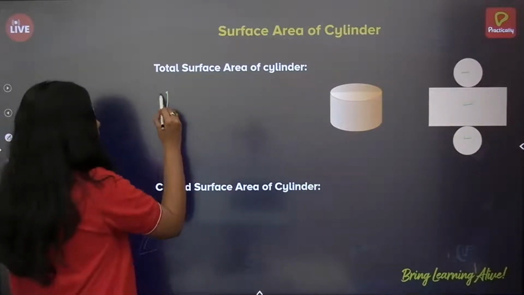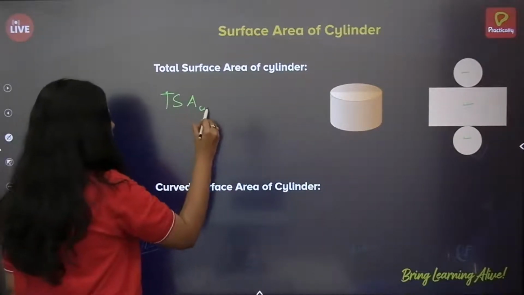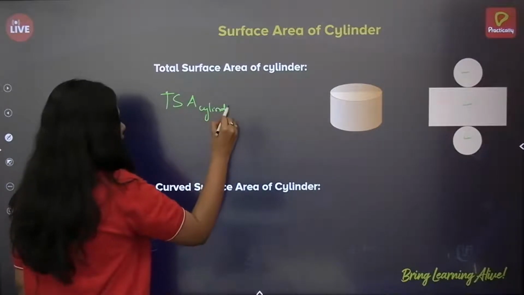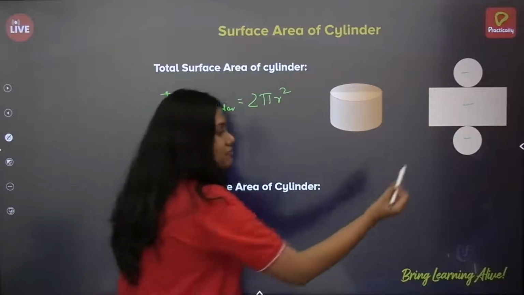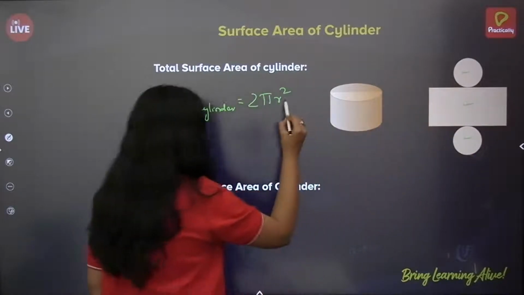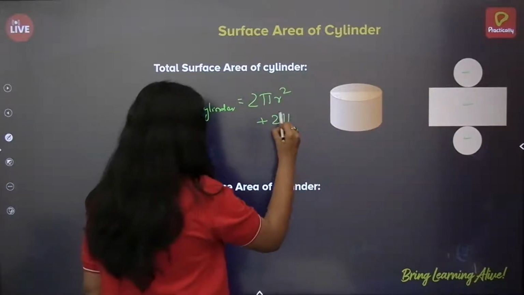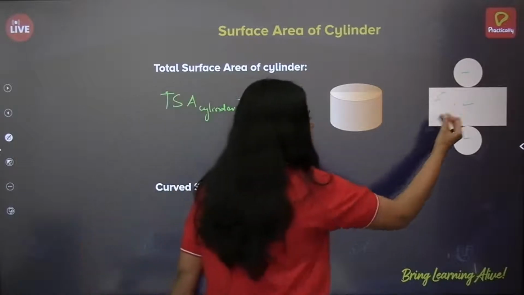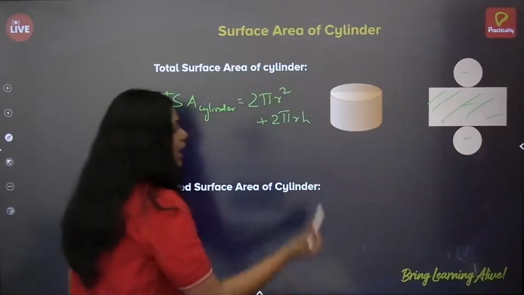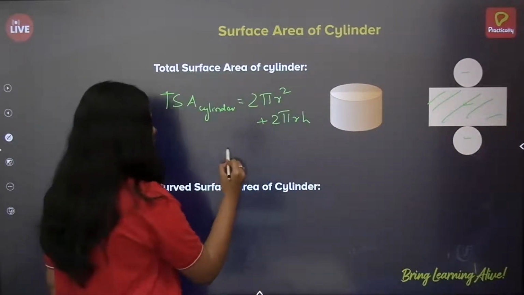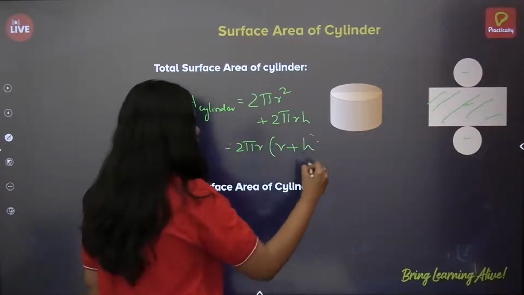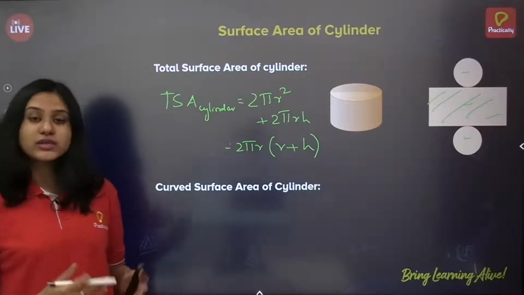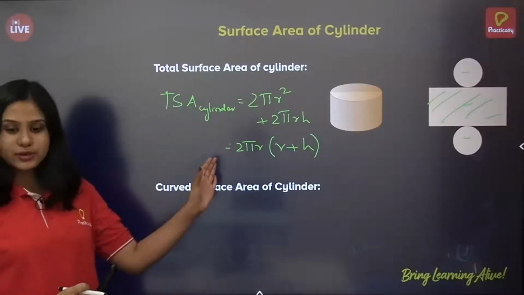So TSA of cylinder is equal to 2 pi r square, plus 2 pi r h, that is this part. Now I can take 2 pi r common, so it would be 2 pi r of r plus h. This is the total surface area of the cylinder, correct?